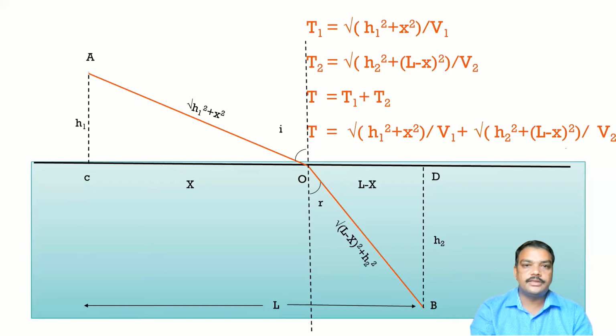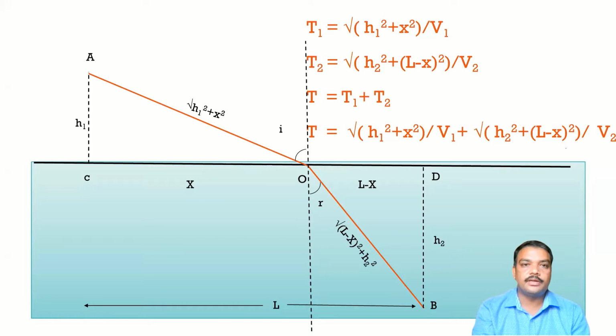Here, the distance of C to O is taken as X and the distance OD is taken as L minus X, as the distance between C and D is L. Then in the triangle ACO, AO is the hypotenuse.